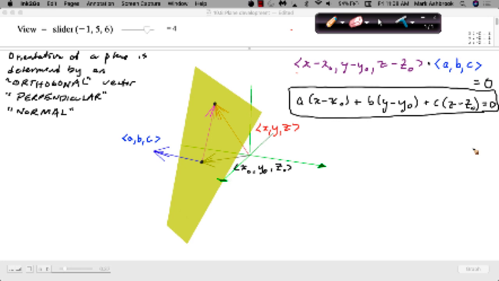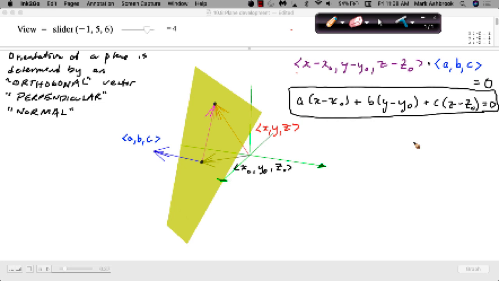What's known and what's fixed and varying? A, fixed or varying? Fixed. x, varying. x naught, fixed. And that's the same for all three of these. So your ABC is your known orthogonal vector. You just plug in the ABC. And then x naught, y naught, z naught is the known point. Plug that in. Leave x, y, and z as they are because they represent every point on the plane. And that's it.